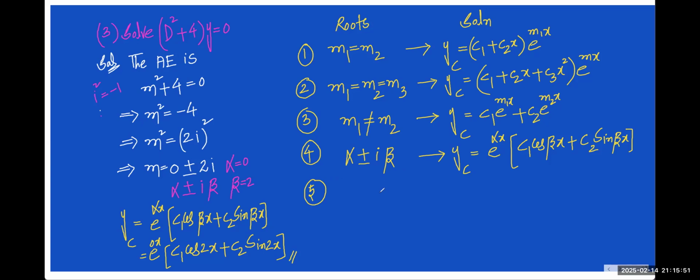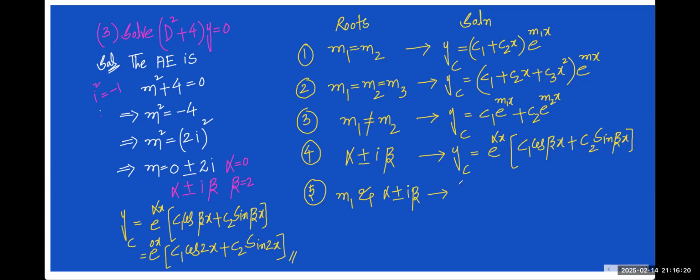Okay, and one more possibility. There is a chance that the power of the higher order differential equation is 3, and out of these three, one root you are getting simply, that is m1 is a root, and the remaining two roots are in alpha plus or minus beta form.